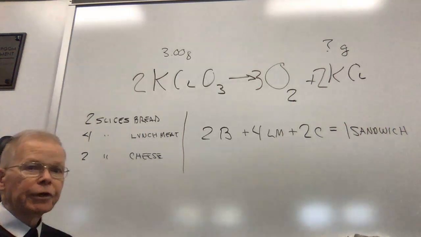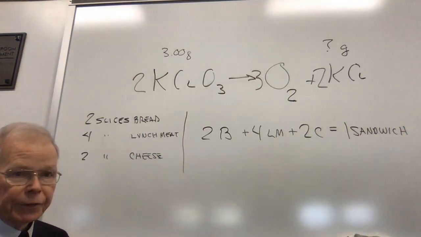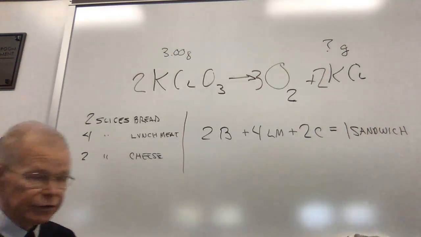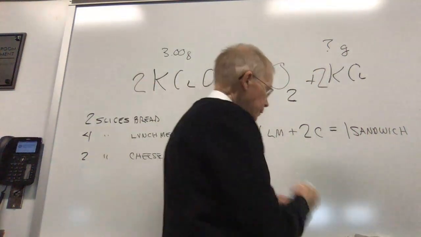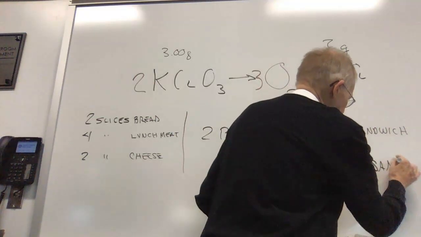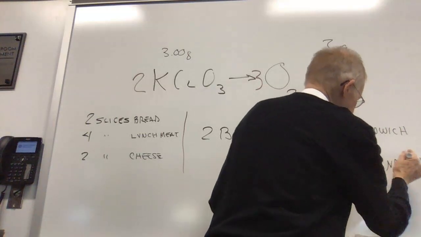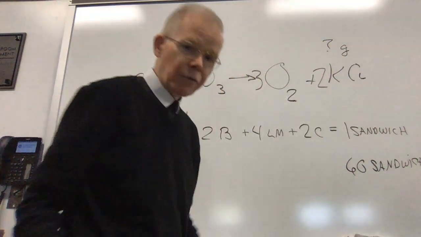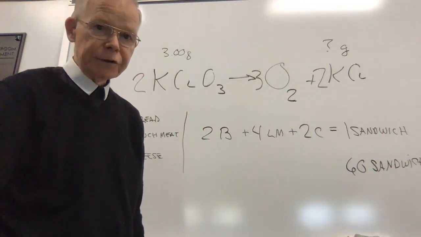Now, if I was working in the dining hall here at school, maybe for a given lunch period, I'm going to need to have prepared 60 sandwiches. So let me put that on the whiteboard. I want to figure out how much bread I'm going to need, how much lunch meat, how much cheese.